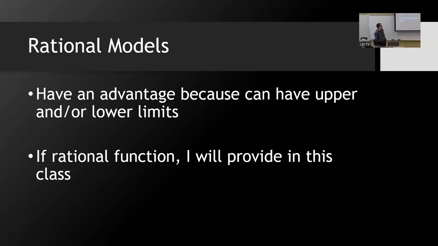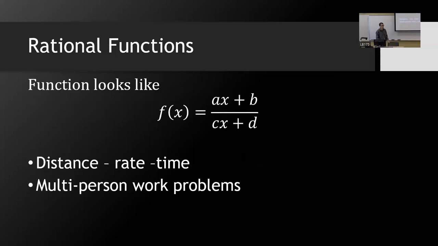Now, again, we're not going to produce these rational models or rational functions in this class. In this class, I'll tell you them. In terms of the types of rational models I'm going to give you in this class, I'm always going to have linear divided by linear. That is not a full extent of all rational models.